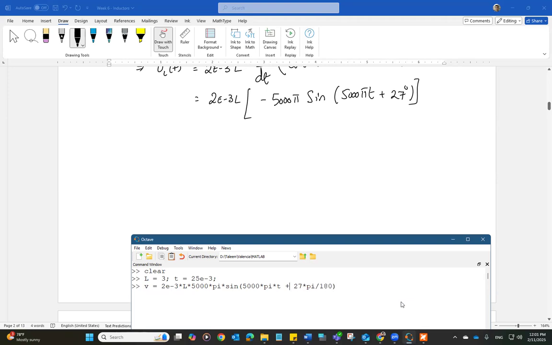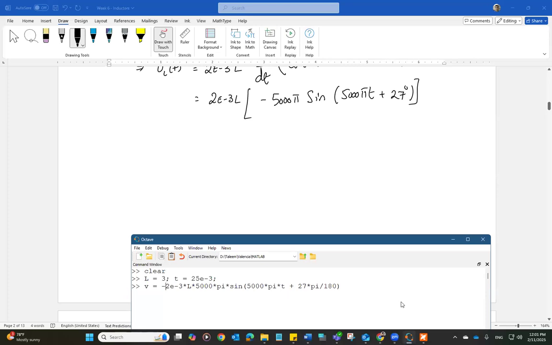And of course, we have a negative sign. Now, remember, negative and positive sign just represent the polarity. So many times you just have to calculate the magnitude, not the polarity. If you're calculating the magnitude, just the magnitude is good enough. But if the value comes out to be negative, that means the polarity across the inductor is opposite to what is shown.